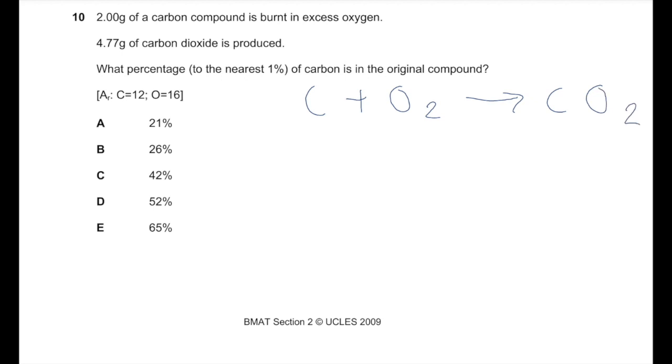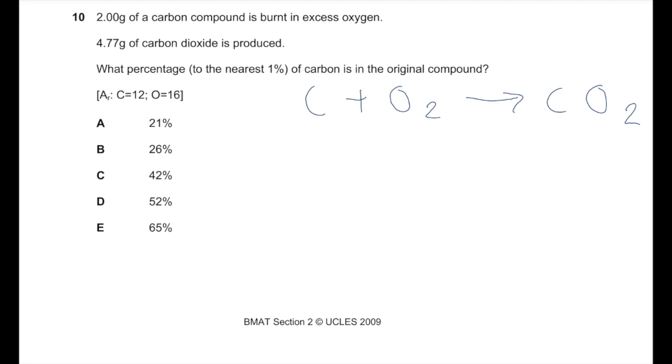The reason for this is because we can see a rough ratio of carbon dioxide to carbon. Next step, we need to figure out the number of moles of carbon dioxide. So, what is the MR of CO2?